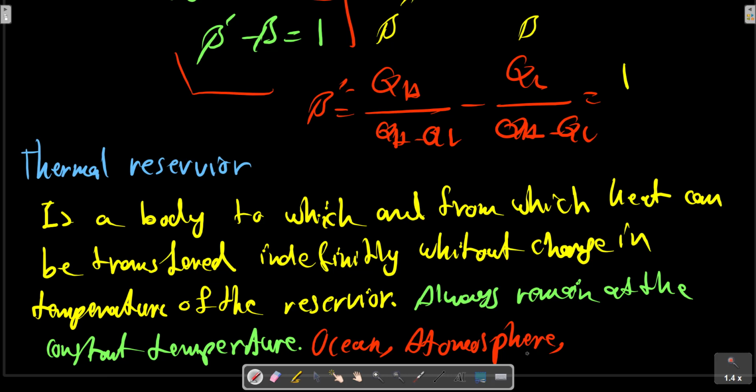It is useful to designate a high temperature reservoir and a low temperature reservoir. Sometimes a reservoir from which heat is transferred is called a source, and the reservoir to which heat is transferred is called a sink.